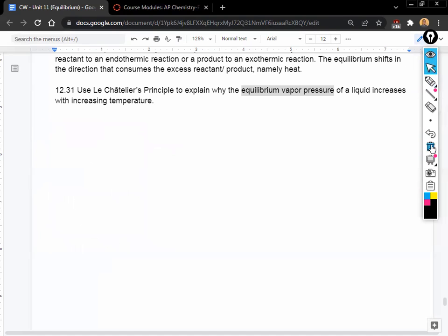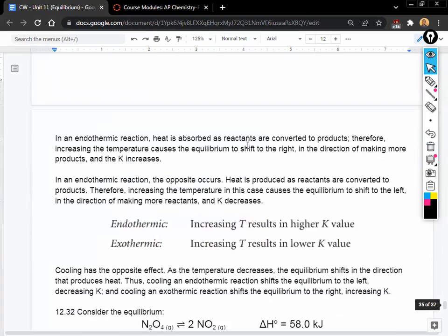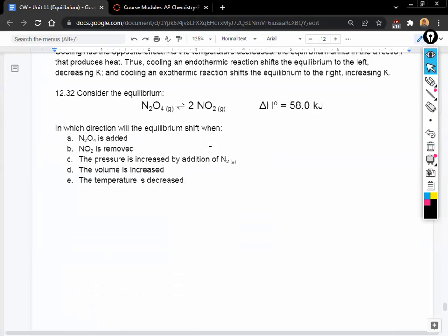There's another explanation of that down here, which you guys can read if you want. We're going to do our last problem today with Le Chatelier's principle. I'm going to give you guys 5 minutes to try this one out. We have a reaction right here, and we've got the change in enthalpy.